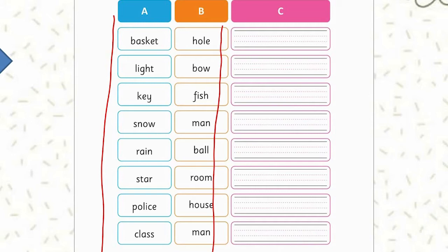Compound words consist of two words. Two different words, but when they join together, they create another word which conveys different meanings. Like we have a word basket here.